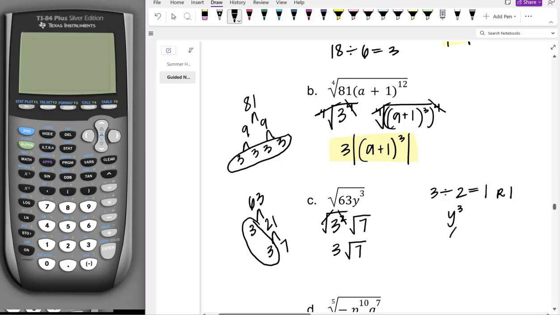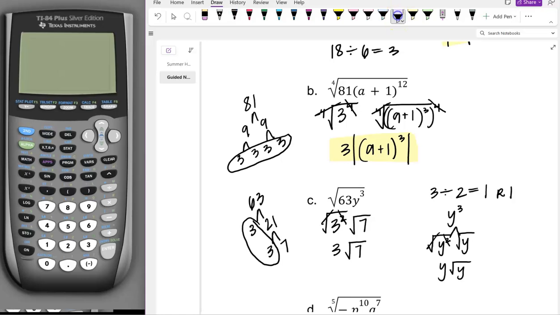If you had y cubed, it's y squared times y. The square root of y squared is going to give me y. But the square root of y cannot be simplified. It's kind of like how the 7, it wasn't a perfect square, so it had to stay under the root. The y is not a perfect square, so it has to stay under the root.